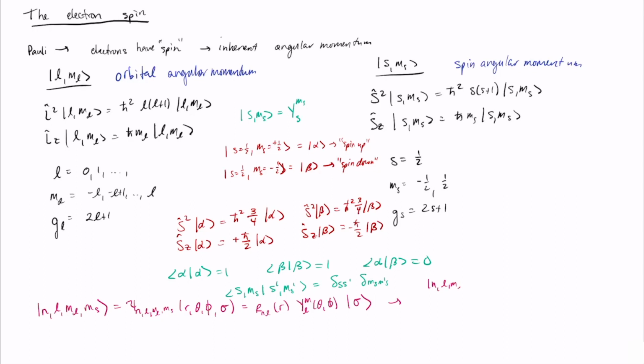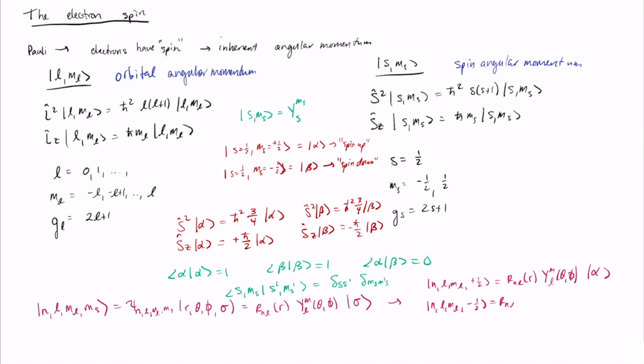So as a final example, this means that we would now equivalently have two different solutions with the same n, l, and m sub l. These will be plus 1/2, which is equal to the radial part, the same radial part, the same spherical harmonic, and then times the alpha spin function, the spin up spin function. And then we have this spin down version, minus 1/2 now for m s.